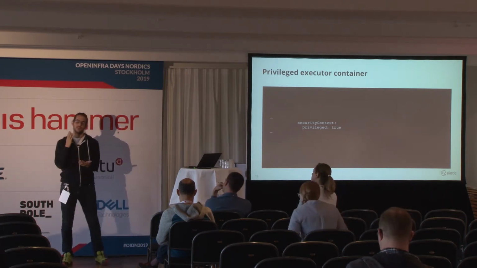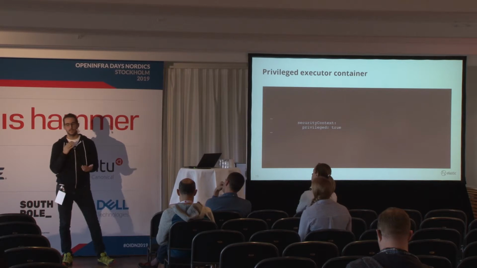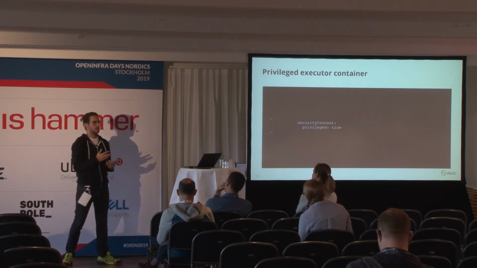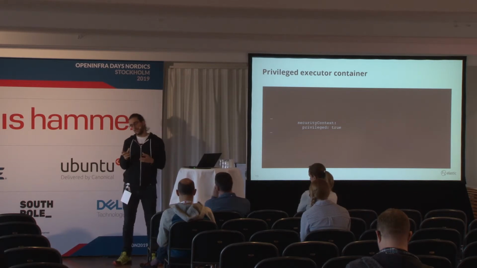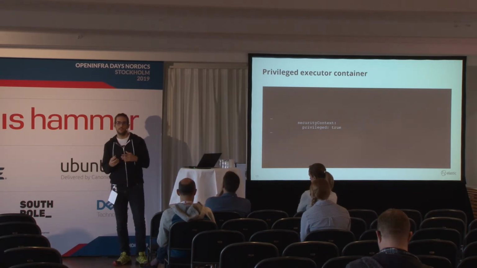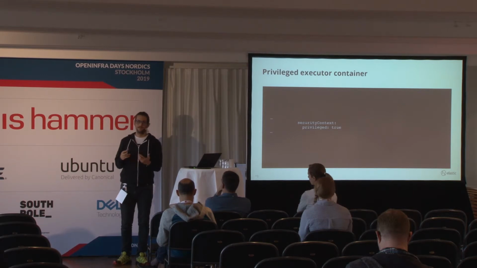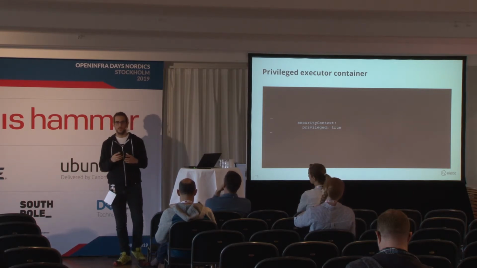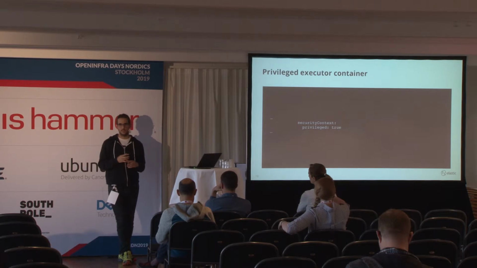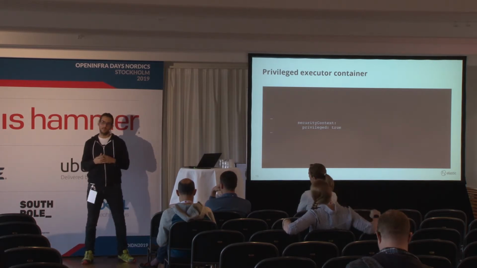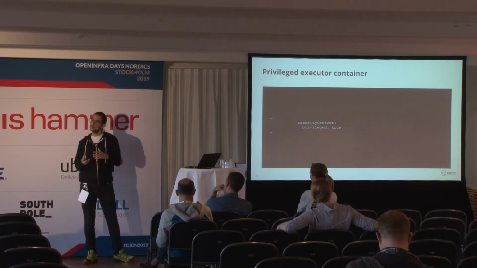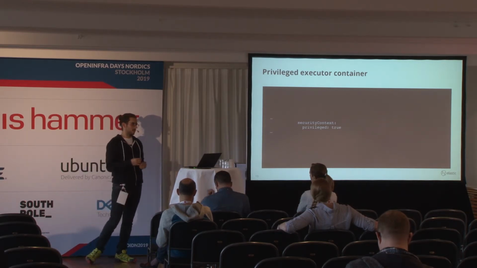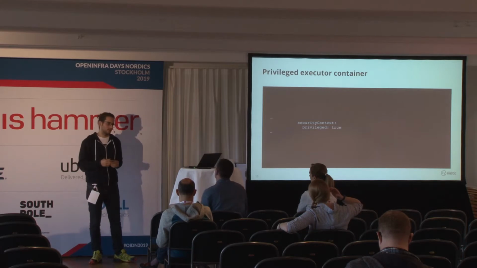So Zuul executor, to run a job, uses something called bubblewrap, and bubblewrap just wraps the execution of a process in an isolated environment with very specific access to very specific things from the operating system, so that it prevents people from doing weird things on your node, or things that you're not allowing them to do from within the process.